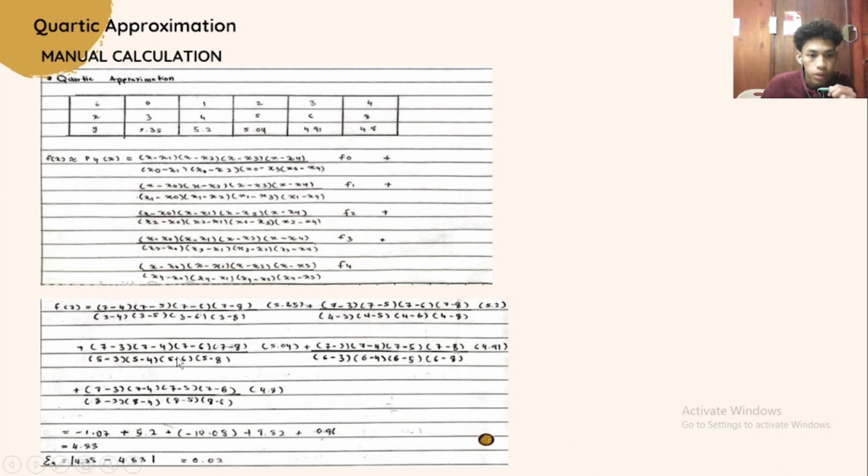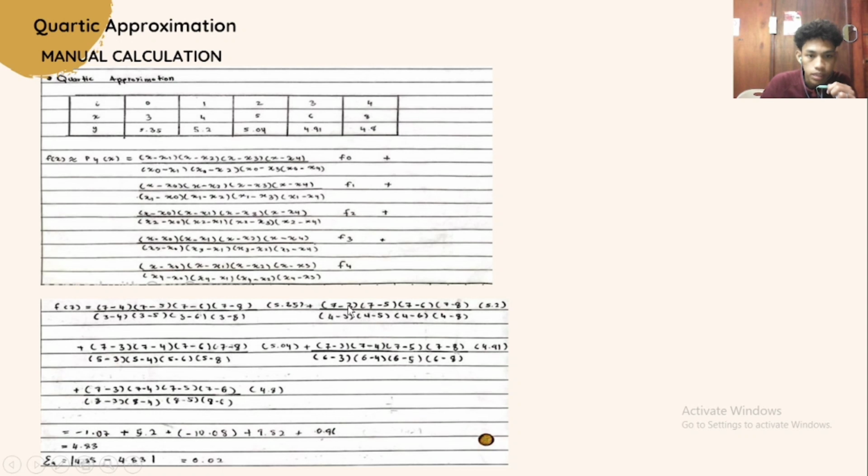This one we need to times 5.04, which is f2, and this one we need to times 4.91, which is f3, and then the last one, we need to times 4.8, which is f4. So for the first equation, we get negative 1.07 for this one.